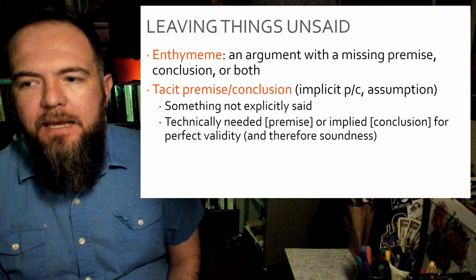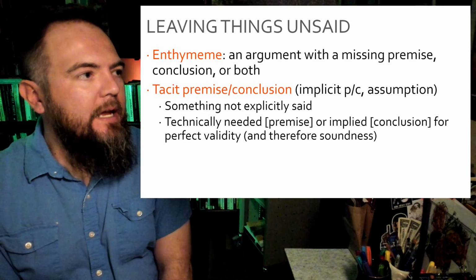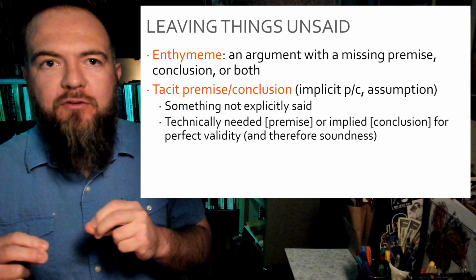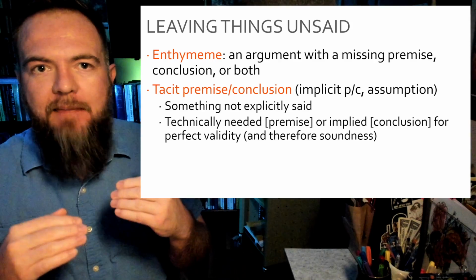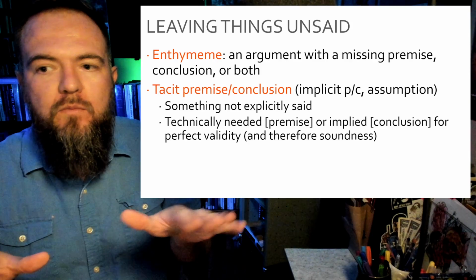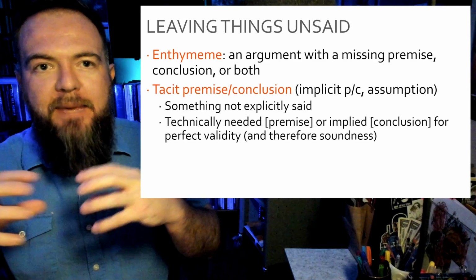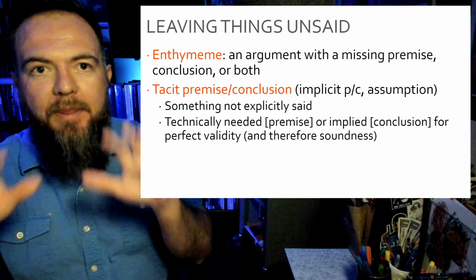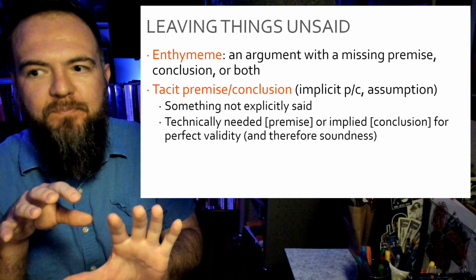Basically, in order to get the ideas to connect right, in order to arrive at that conclusion, you need extra statements that someone just didn't say. They just assumed that their audience knew. Or the arguer puts all of the pieces together, but leaves it up to the audience to figure out what the image on the puzzle is.